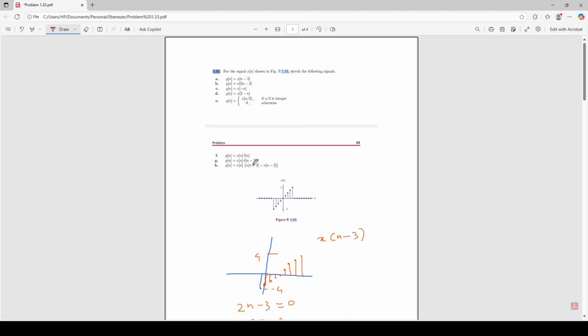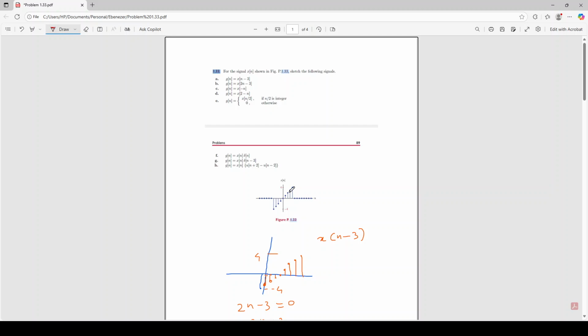x[n] times δ[n - 3]. δ[n - 3] exists only at n equal to 3. δ[n - 3] is 1 when n equals 3, otherwise it's 0.